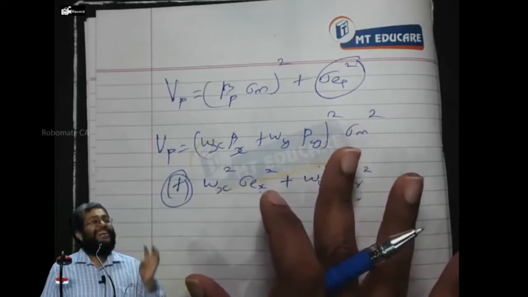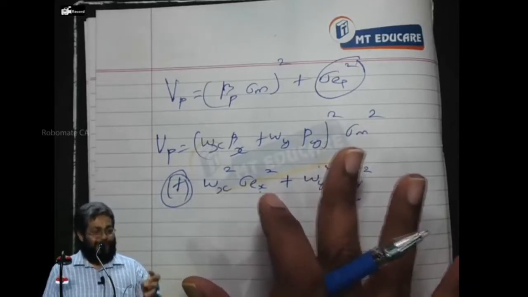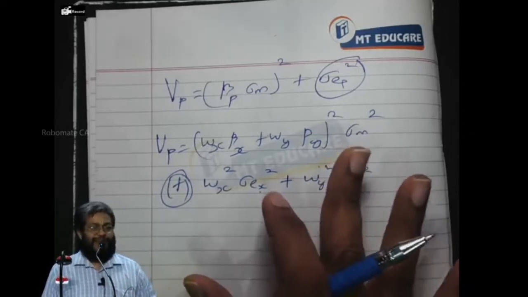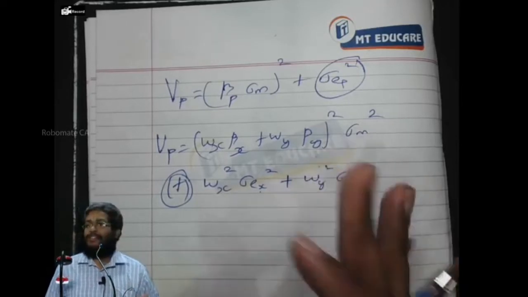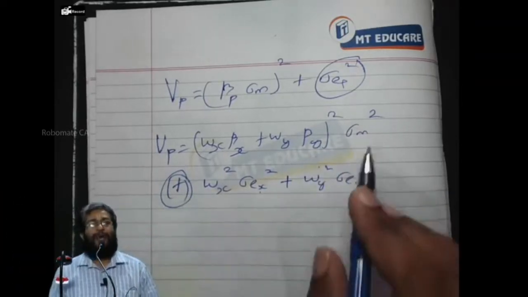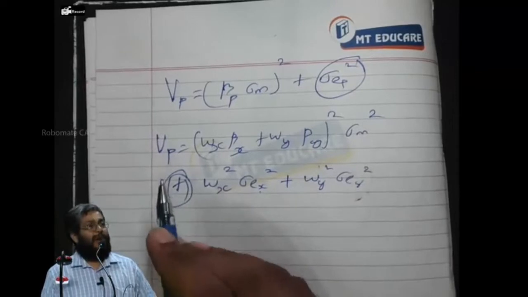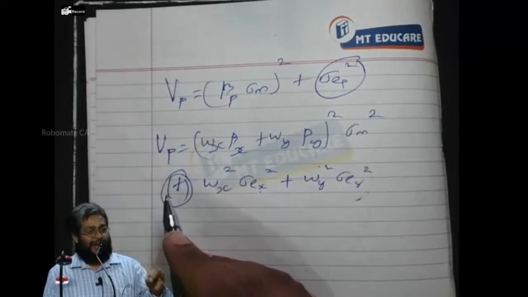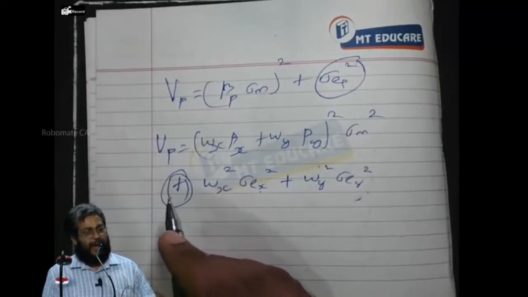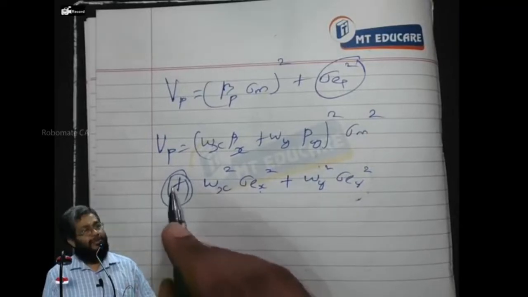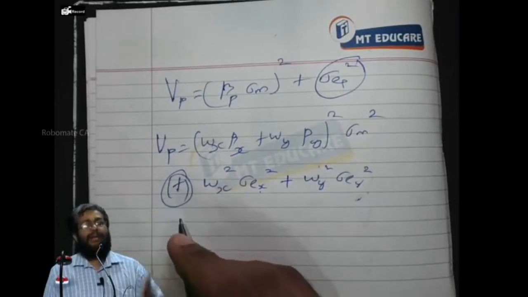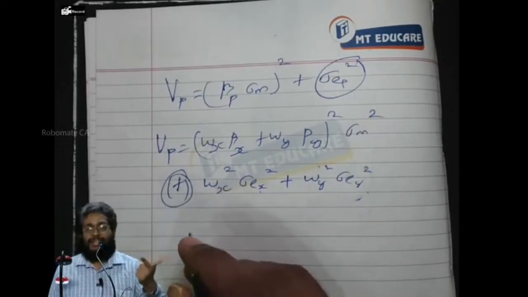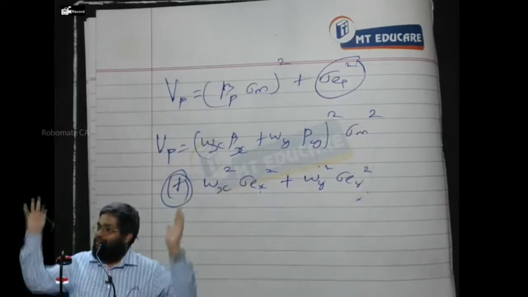WA beta A plus WB beta B plus WC beta C plus WD beta D gives you the portfolio beta, the whole square into sigma M square, plus WA square sigma EA square, WB square sigma EB square, WC square sigma EC square, WD square sigma ED square. That gives you the portfolio variance.